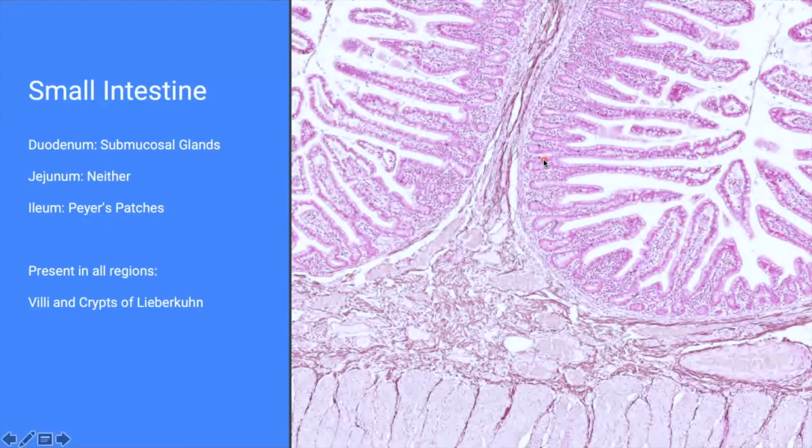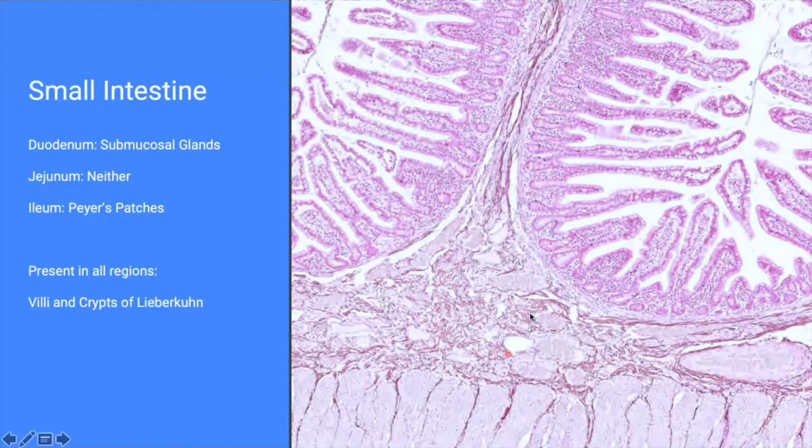So just to repeat that, we have villi extending outwards into the actual lumen of our small intestine, of our jejunum. And then we have crypts that extend further deep into the wall that act as a safe place for our stem cells, for our epithelial tissues in our GI system.